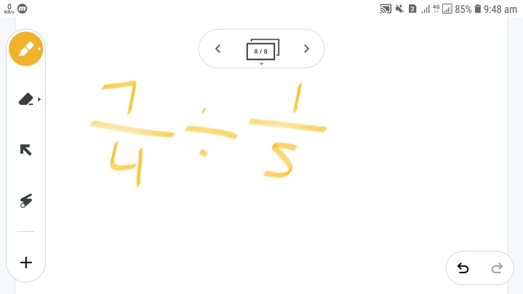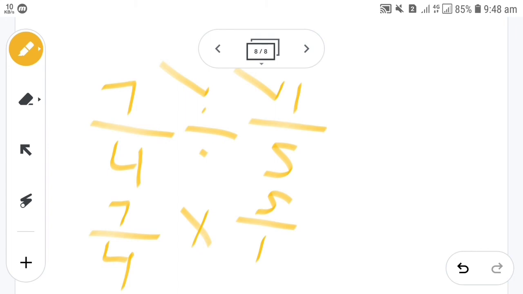As now this fraction is 1 by 5, after reversing this fraction, this will become 5 by 1. 7 by 4 multiply by 5 by 1. This shows that if we change this division into multiplication, we have to reverse the second fraction.